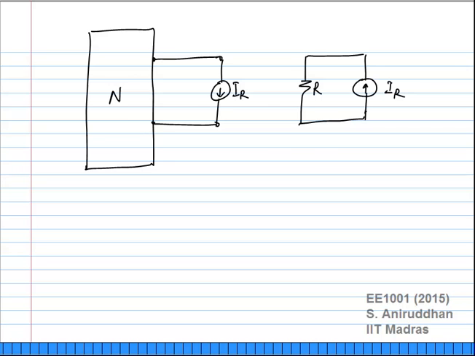What does that mean actually? What is this voltage? Has to be VR. Okay, this voltage will still remain VR. Inside the network the state of all the other voltage and current sources will remain the same. So nothing will change as far as the network is concerned. Is that clear?